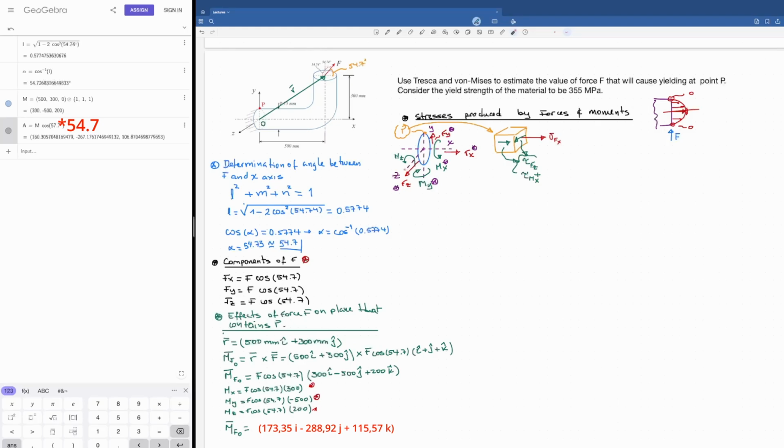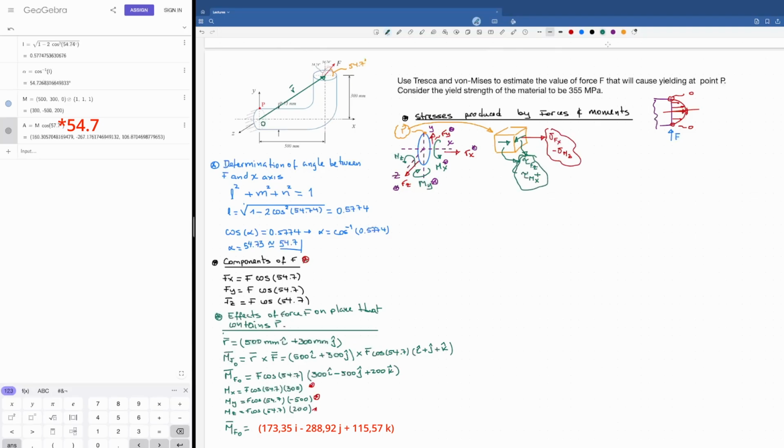Perfect. So if that's creating maximum compressive stress, it means that here we're going to have a minus sigma, the normal stress produced by this bending moment Mz. These two you need to calculate, and then these two you need to calculate.